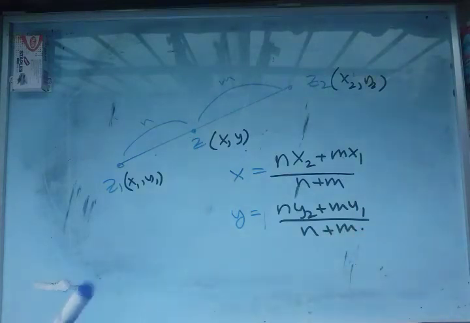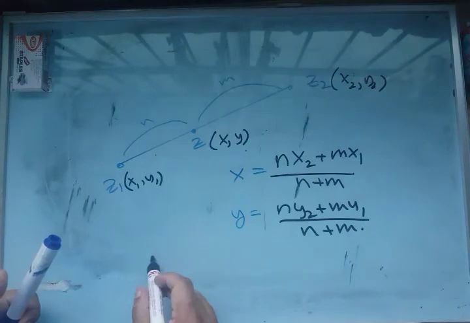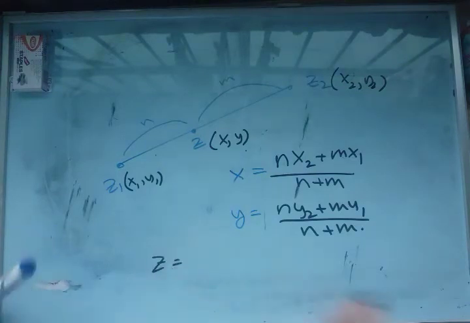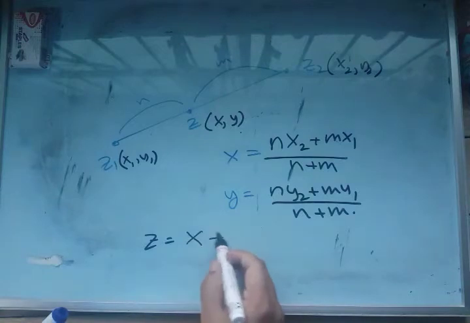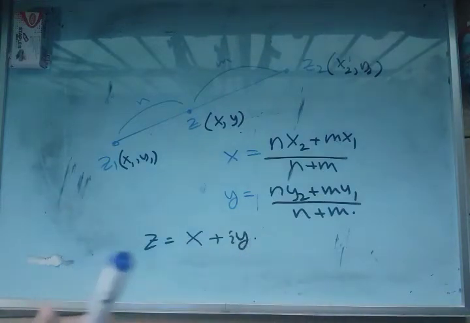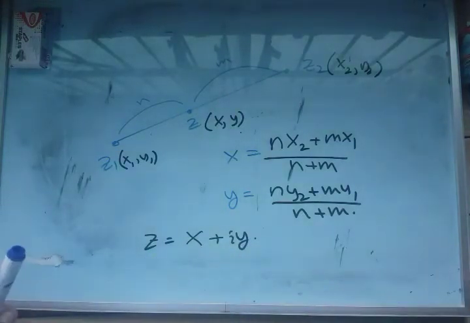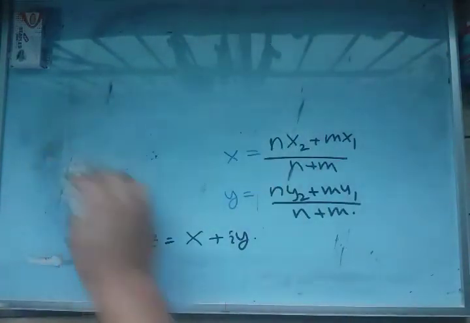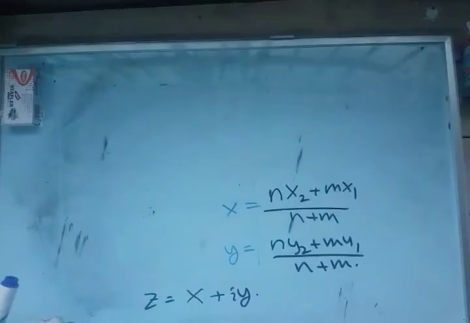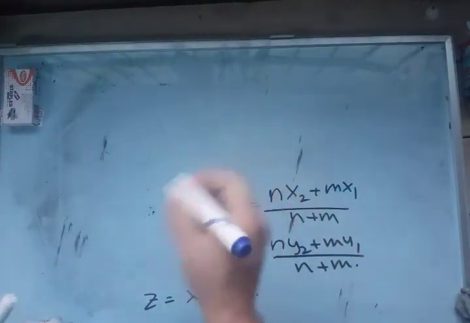Right. Now what is C? So C can be written as x plus iy. So let me get rid of this for the moment. x plus iy, I will use this space since I have run out of space here.